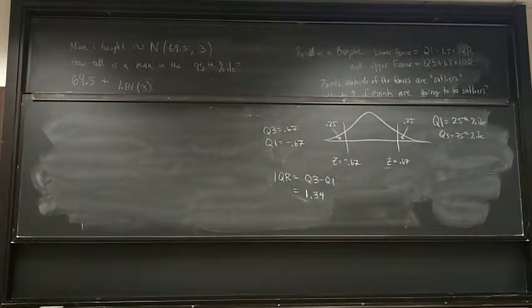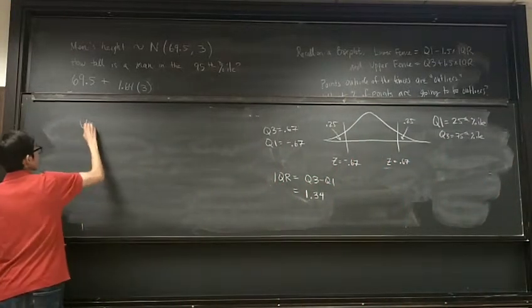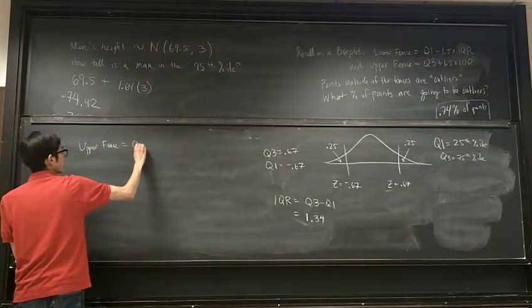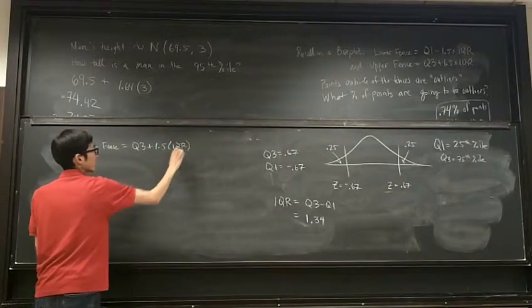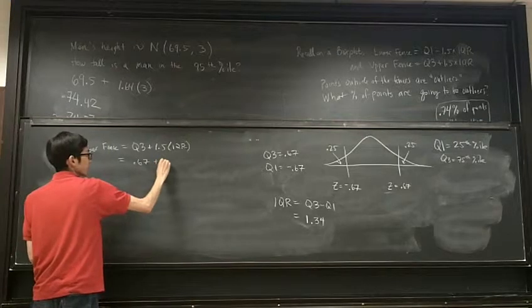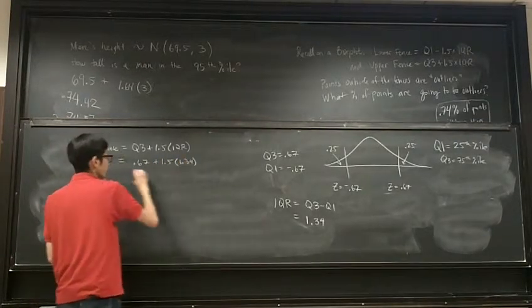Alright. So, where is my upper and lower fence going to be? My upper fence is going to be Q3 plus 1.5 times the IQR. I'm going to go 0.67 plus 1.5 times 1.34.